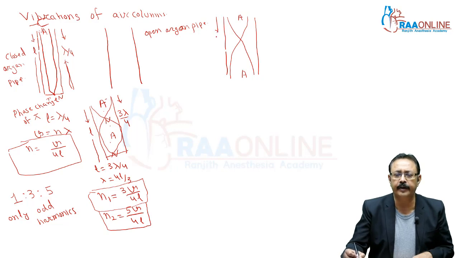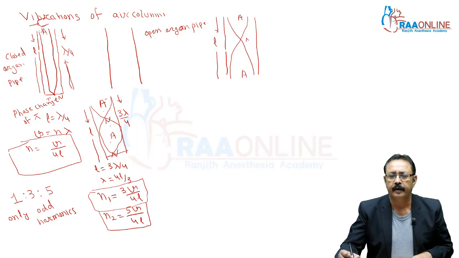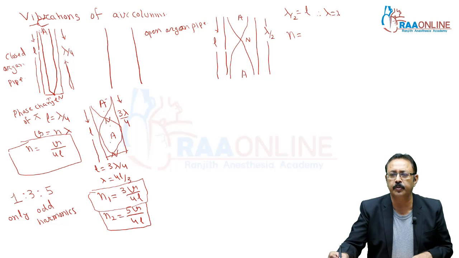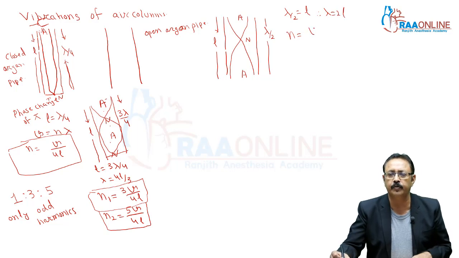So the length of the air column is determined by lambda by 4, lambda by 4, 2 lambda by 4, which means lambda by 2. So what do we get? Lambda by 2 is L, so lambda equals 2L. So you will get n equals V by 2L, the fundamental frequency of an open organ pipe.